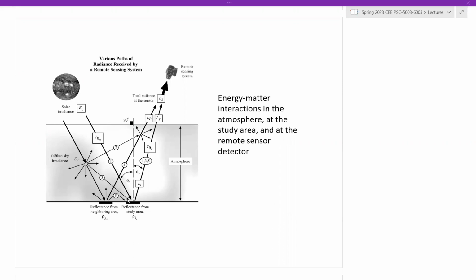The light that reaches the surface will reach water, soil, vegetation, man-made material, and bounce back.